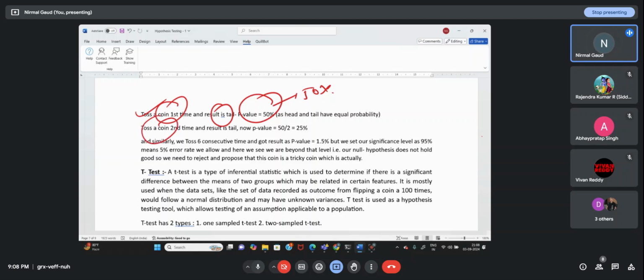Okay. Now if we toss a second time, the result is tail. Now the probability value is 50 by 2, 25%. If you toss the coin six times, the probability value is 1.5%. That means again divide and divide and divide. And if we set the significance level such that confidence level is 95% and 5% rate of error, then our null hypothesis does not hold good. We need to reject it and propose that this coin is tricky.